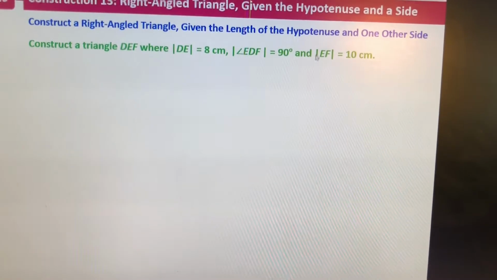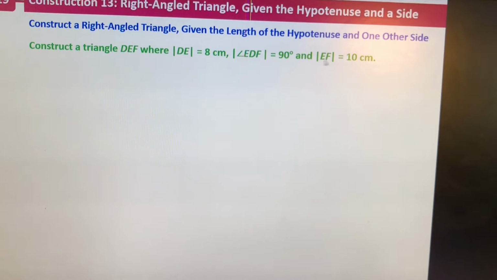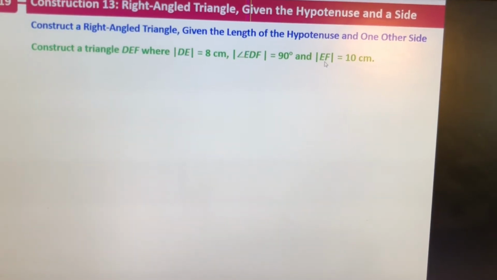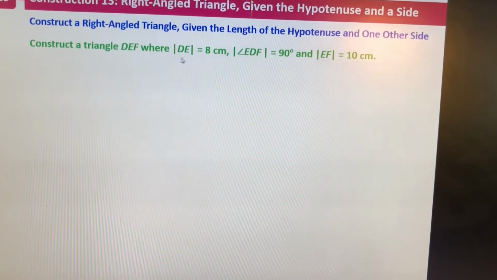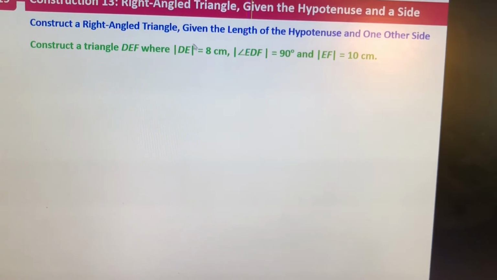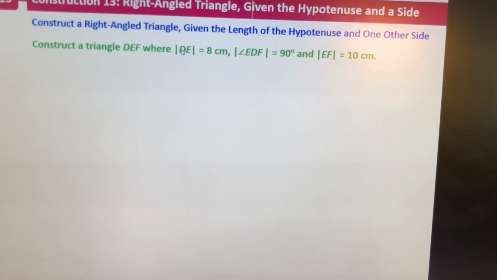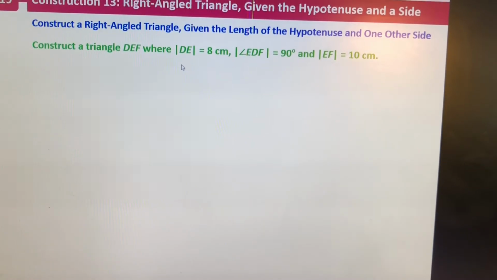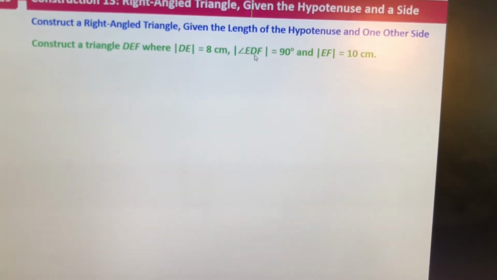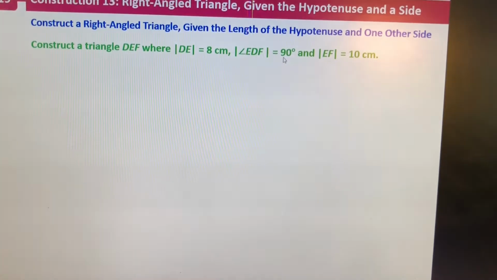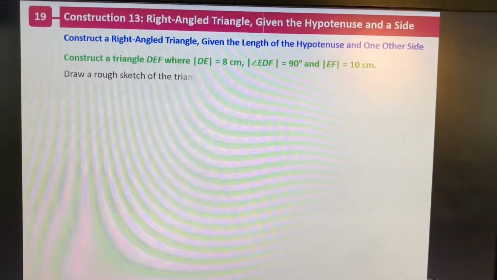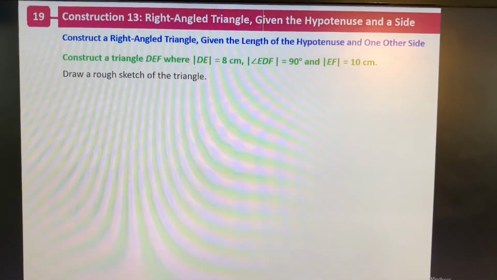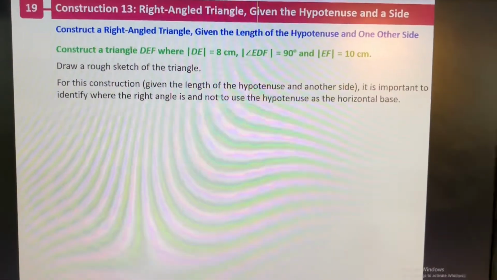This largest side, EF, does not contain the letter D. So that means that we will have to use this side length, DE, as our base, because it does have the letter D where the right angle, 90 degrees, sits. As always, we start off by drawing a rough sketch of the triangle.